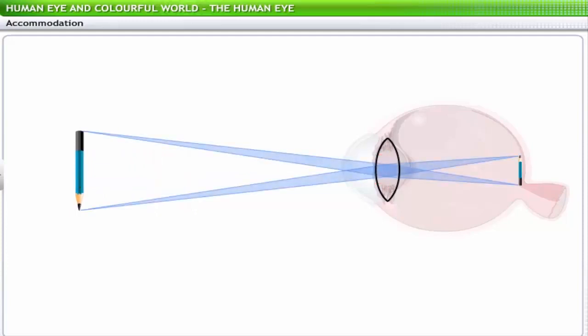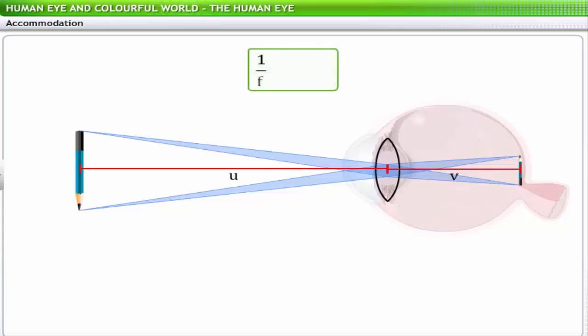Remember the relation between the object distance u, image distance v, and focal length f of a lens? Let's refresh your memory. The relation between the object distance u, image distance v, and focal length f is represented by the expression 1/f = 1/v - 1/u.